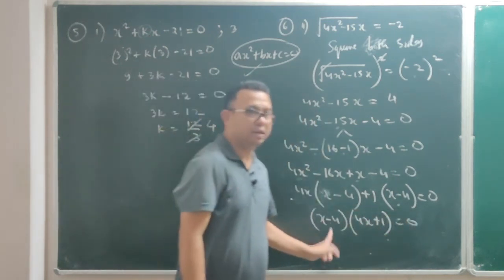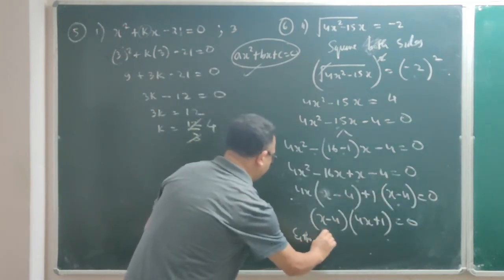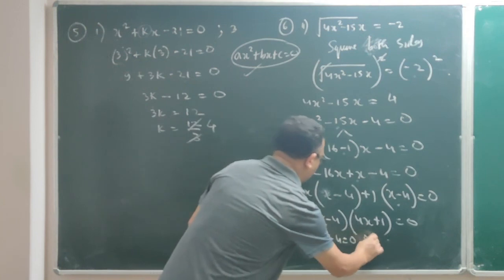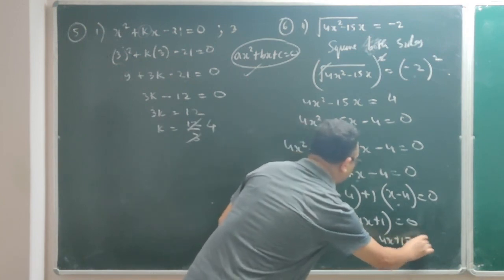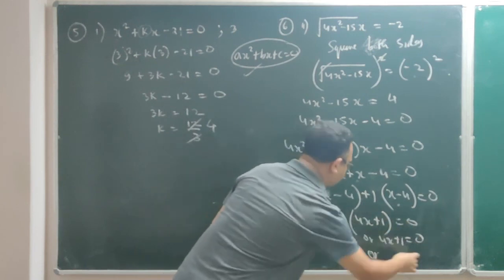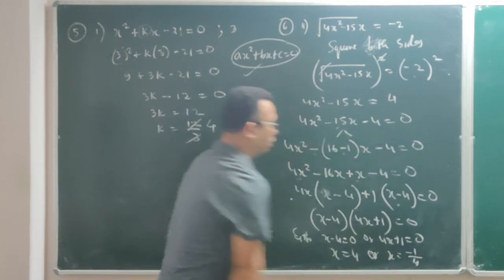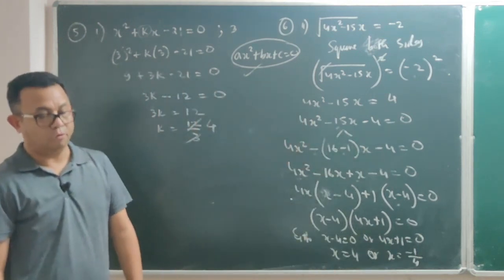So either x minus 4 equal to 0 or 4x plus 1 equal to 0. Transferring this 4 to the other side, x equals 4, or as this 1 goes to that side, it will be minus 1, and 4 goes there to divide. So the other value of x is minus 1 by 4.